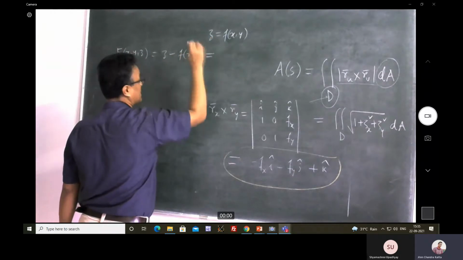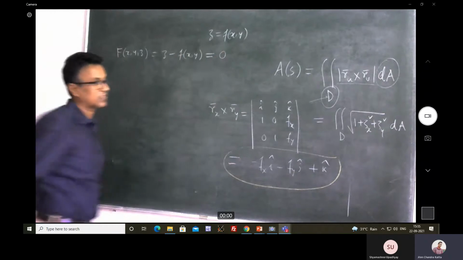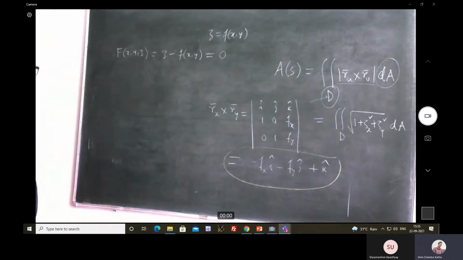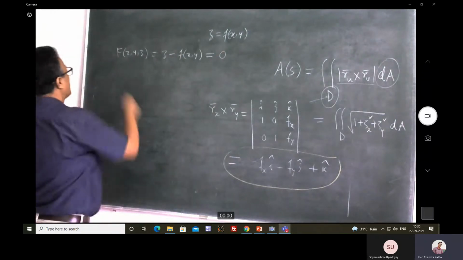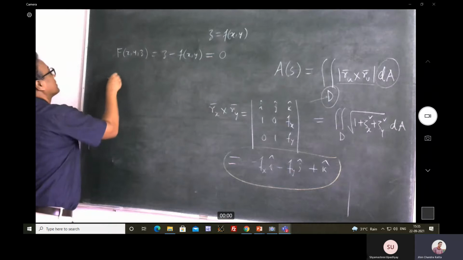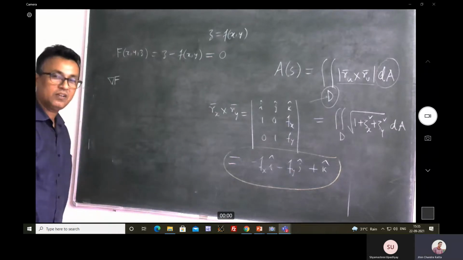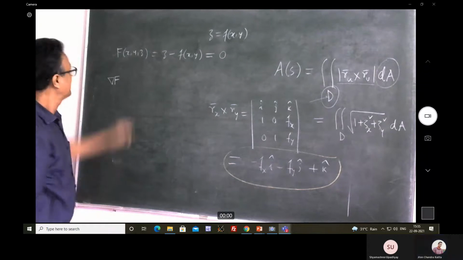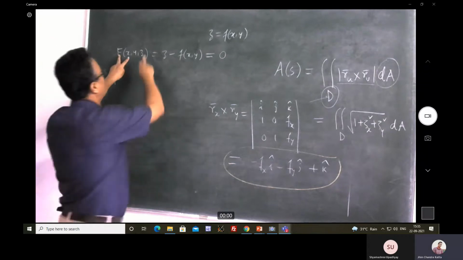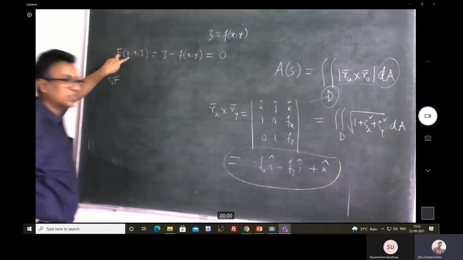In this particular case, that constant is equal to zero. Is it okay? Fine. So then you know that grad F is a normal to the surface F of x, y, z equal to constant. Is it okay?